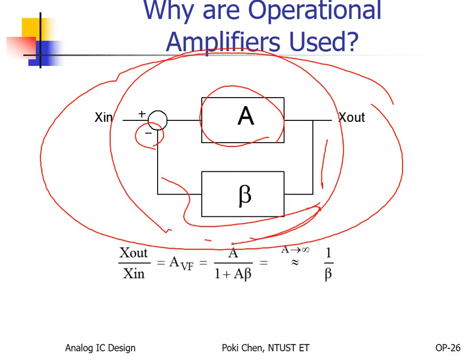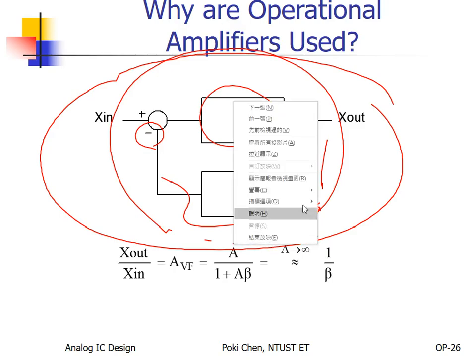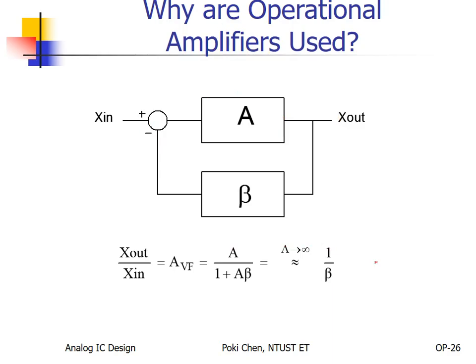And why do we need such kind of closed loop application? Simply because, according to process variation, this gain could be very large, but also with very huge variation.